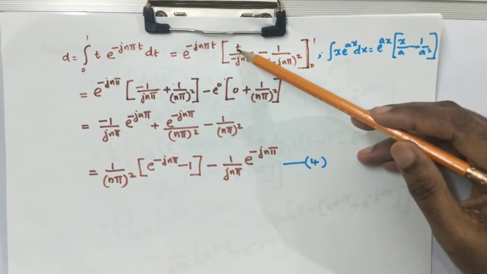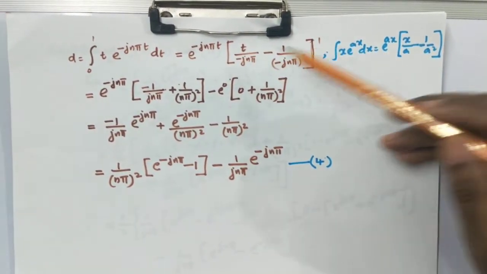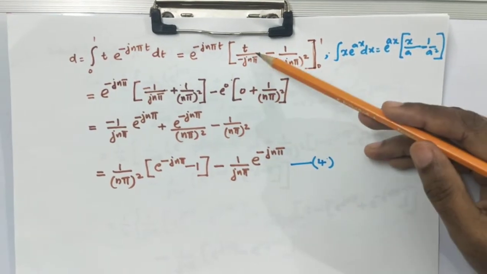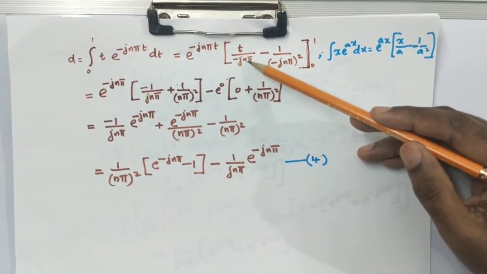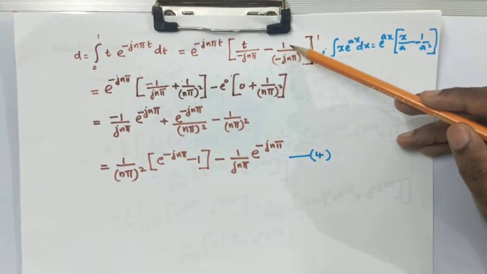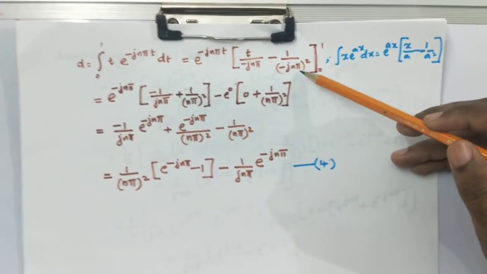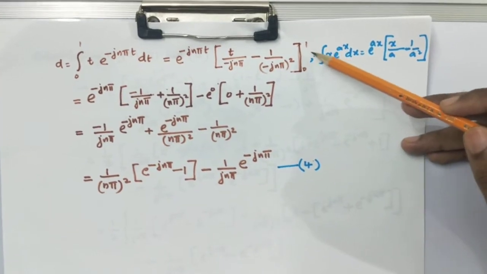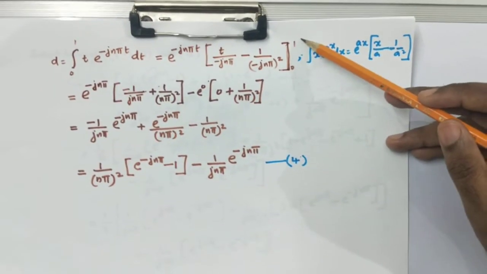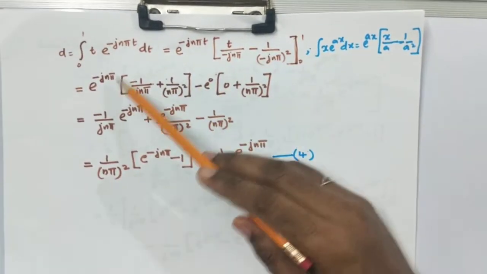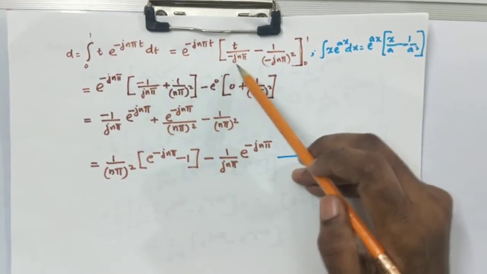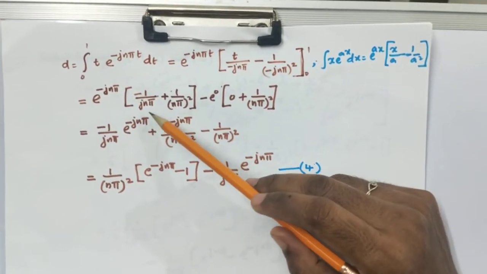So here x is t and a is minus j n pi. So t divided by minus j n pi minus 1 by a square. So that is equal to 1 by minus j n pi the whole square, and the limit is from 0 to 1. So as earlier we are substituting these values.